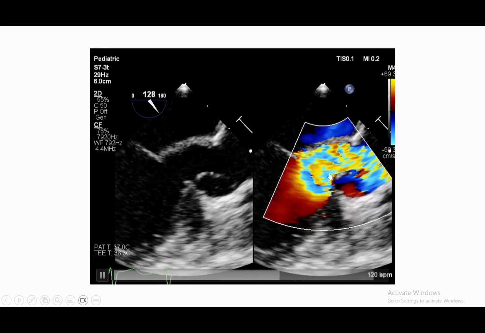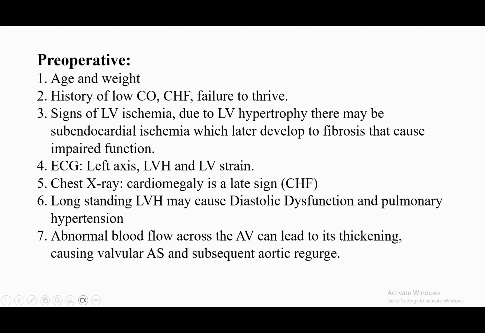Preoperatively, we take history, the age and height and weight, history of low cardiac output, congestive heart failure, failure to thrive, signs of LV ischemia. So this history taking is similar to the aortic stenosis, because the subaortic membrane is usually a static stenosis, not a dynamic stenosis.